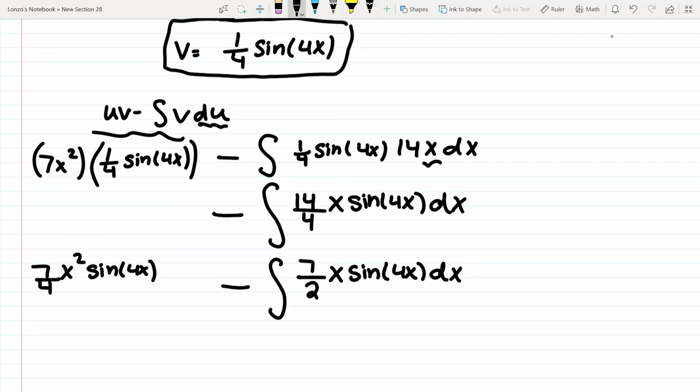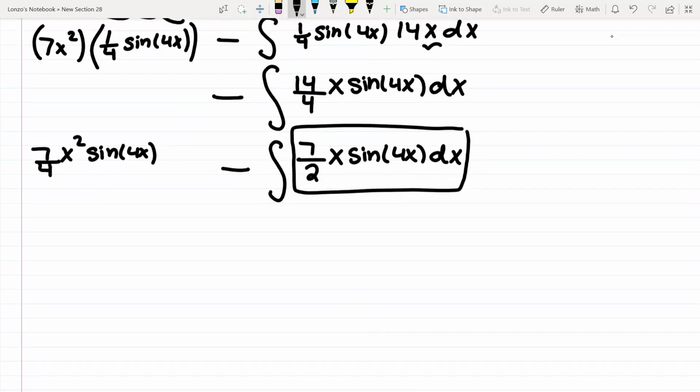Now, over here, we're going to have to apply the integration by parts again, right? Because you see a product of 2, that means you most likely have to do integration by parts. So let's figure out our u and what would be our v. So our u would be 7/2 x.